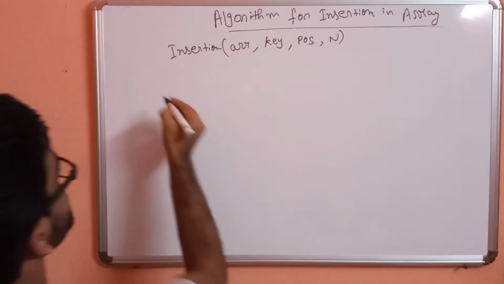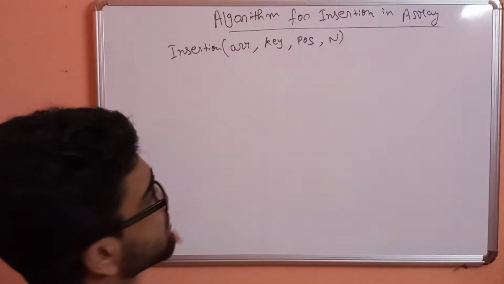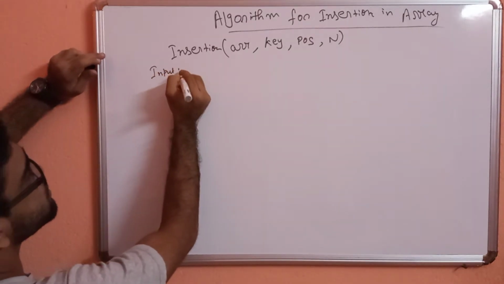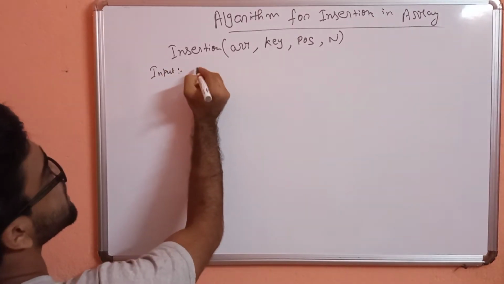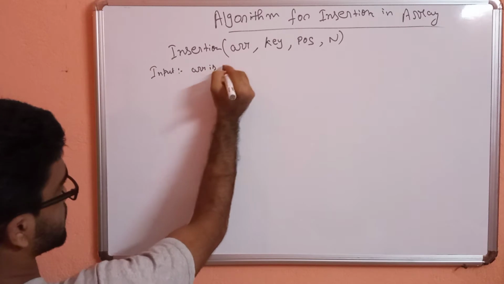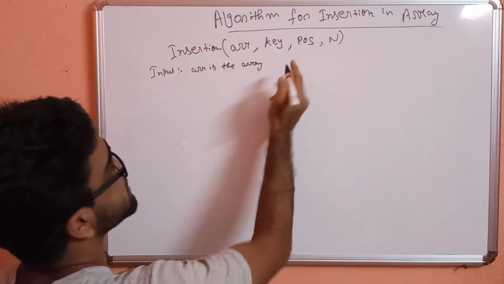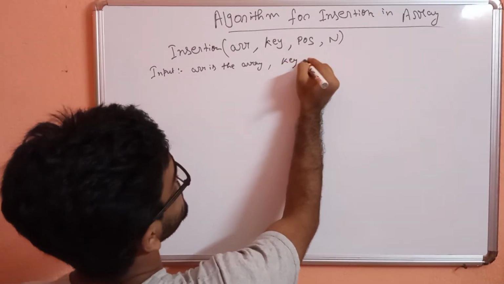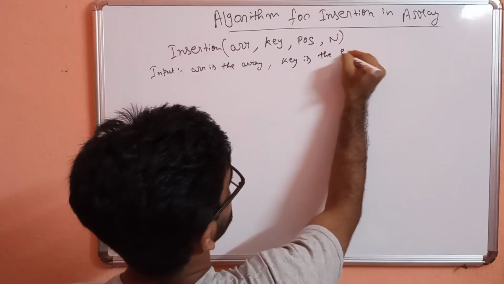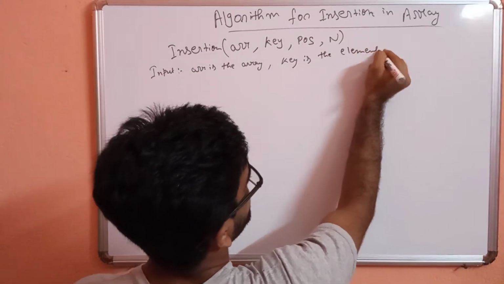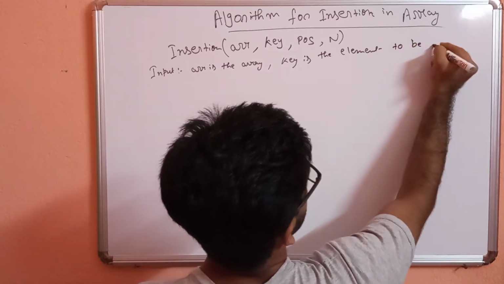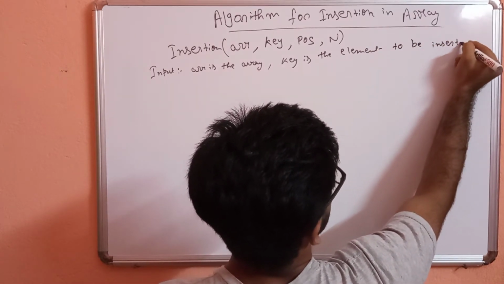So first, for writing an algorithm, you have to write the input first. What you have given as the input to the user. ARR is the array. You can explain this briefly. Key is the element to be inserted.